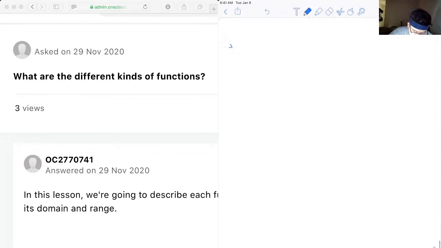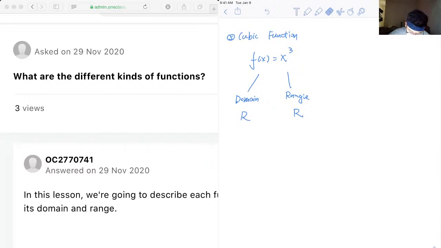And next we have the cubic function, and this is denoted by f(x) = x to the exponent of 3. In terms of its domain, it is R, and the range is R as well.